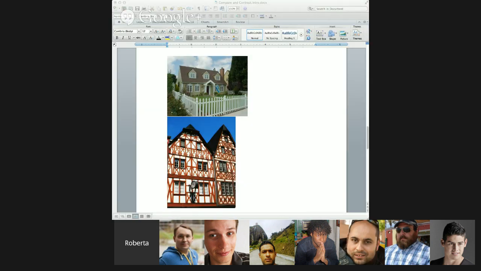Yeah, one difference is definitely the fence, right? What are some similarities that you see? Things that they have in common?